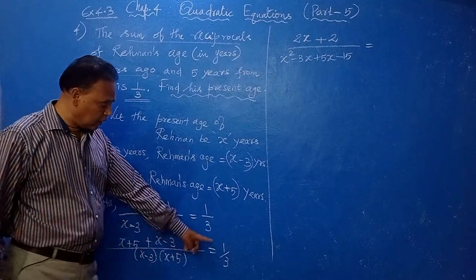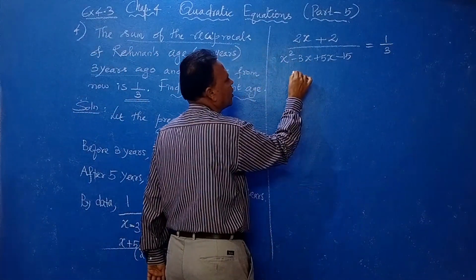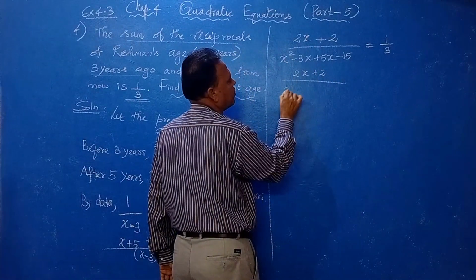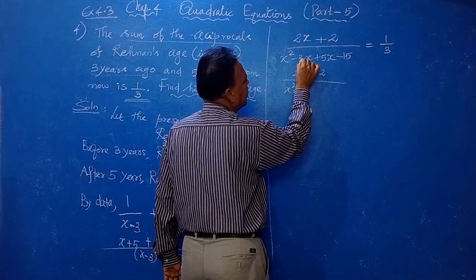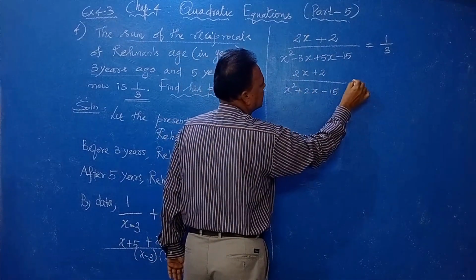Understand? Now that is equal to 1 by 3. So 2x plus 2 over x squared plus 2x minus 15 is equal to 1 by 3.